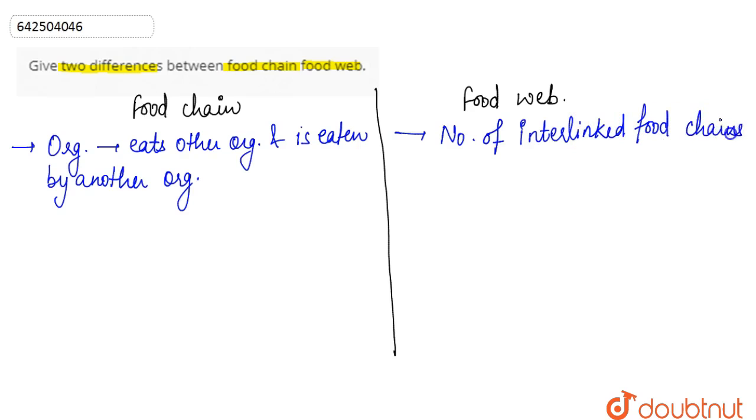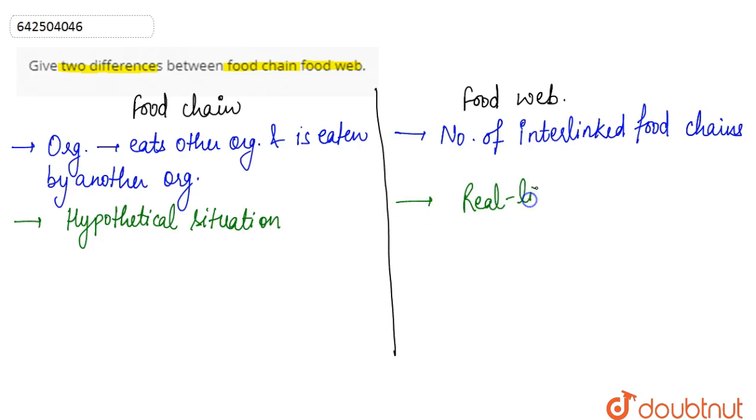If we move on to the next difference, a food chain is a hypothetical situation. If we talk about the food web, it's a real life situation.